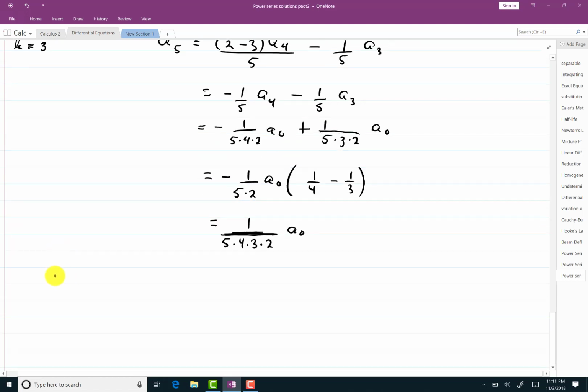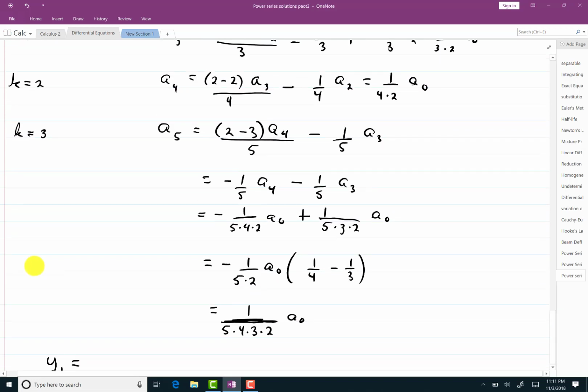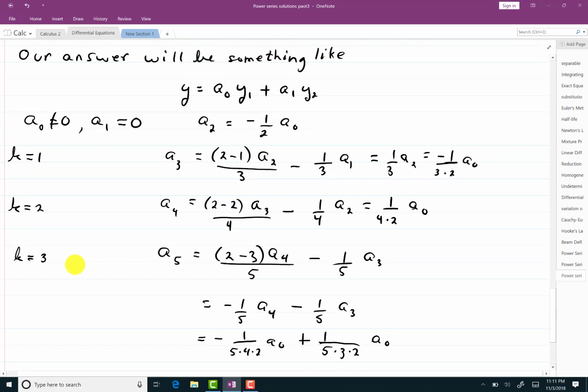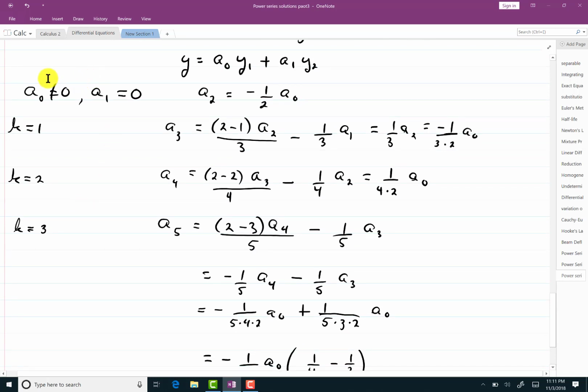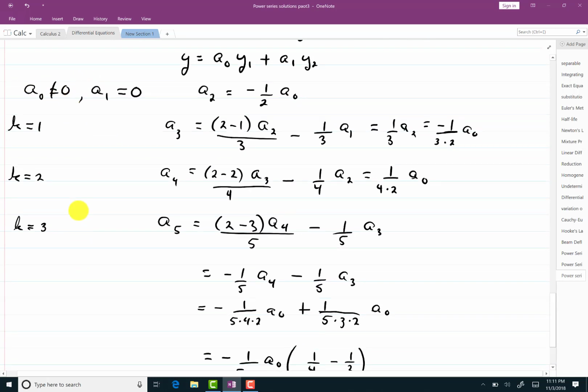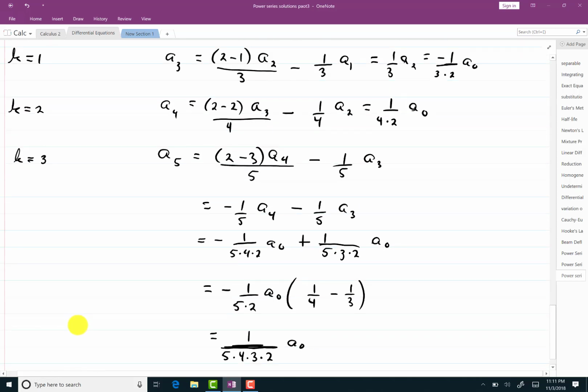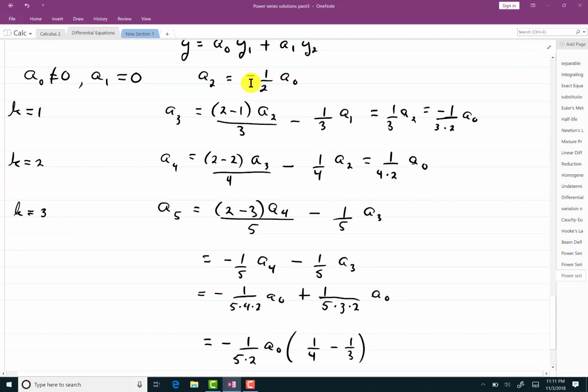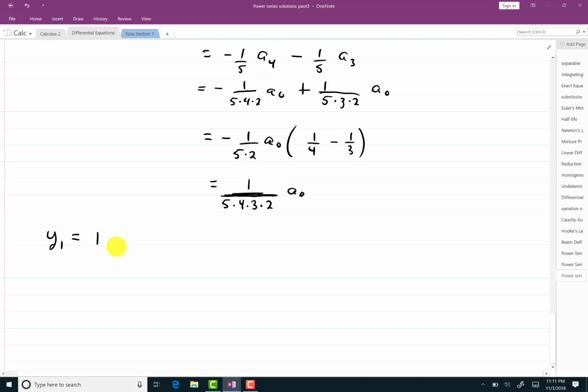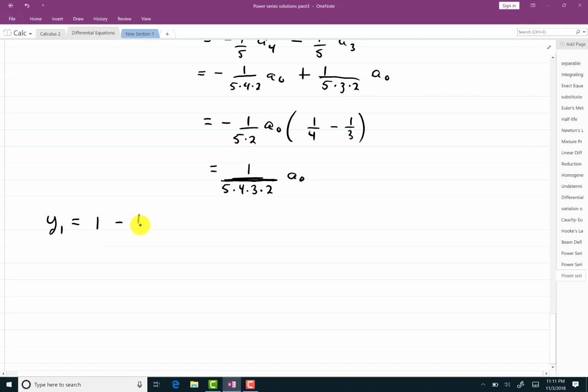So, for my first piece, y sub 1, remember, that's going to start at a sub 0, because I'm doing a sub 0 is not equal to 0. So my y sub 1, remember, I factor an a sub 0 out of everything. The very first term in these is always 1. And then my a sub 2 was negative 1/2 a sub 0, so I'll have negative 1/2 x squared.